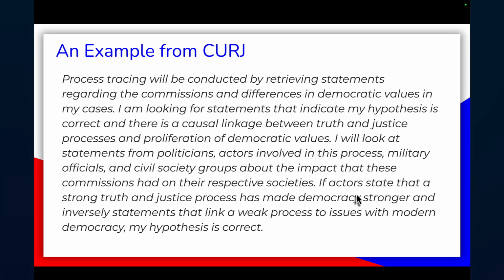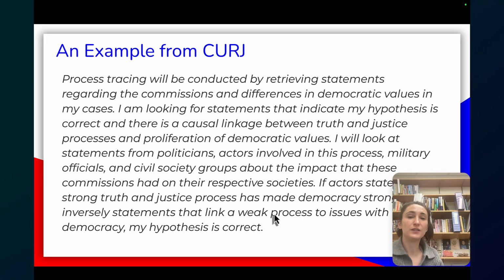And the kinds of statements I'm looking for are both strong truth and justice processes, or that they have made democracy stronger, and then also the inverse as well. But this is what we would like to see when you talk about process tracing in your research design.